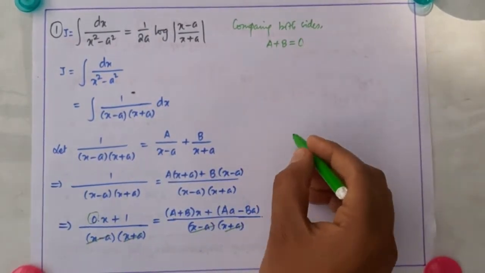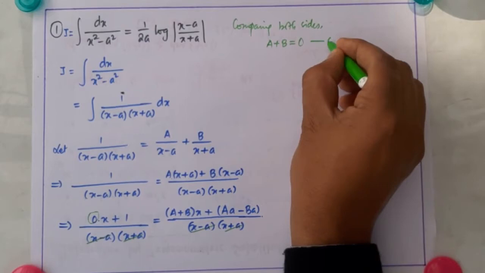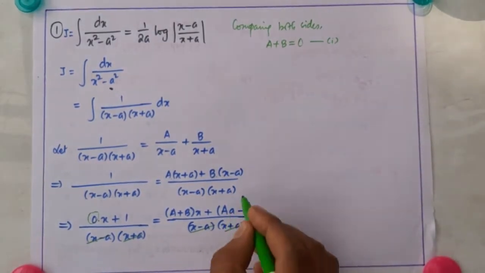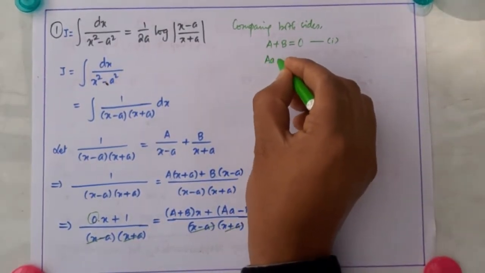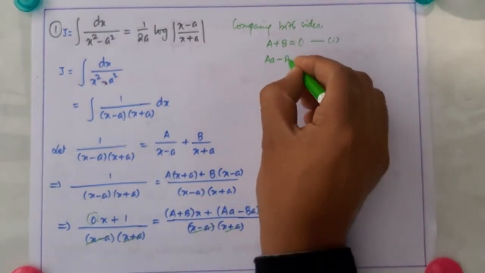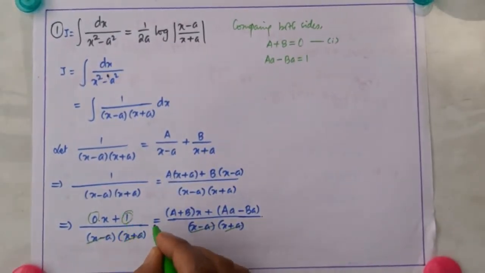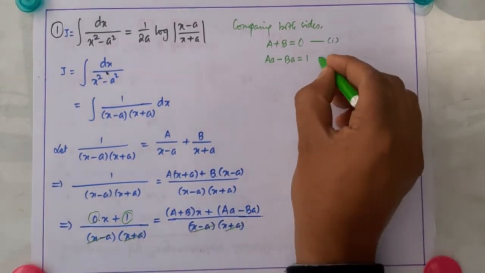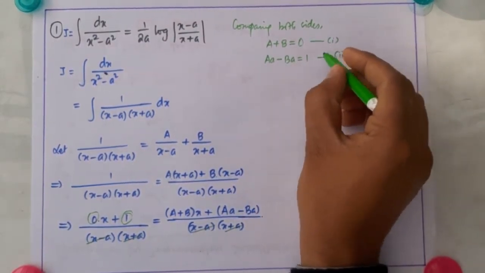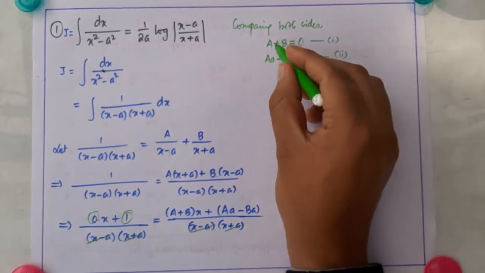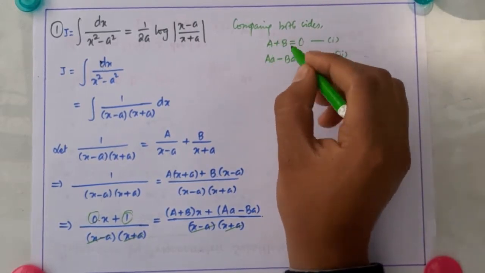So A plus B will be equal to 0. Let me call this equation number 1, and you have Aa minus Ba is equal to 1, because this is the constant term and this is also the constant term. Let me call this equation number 2.